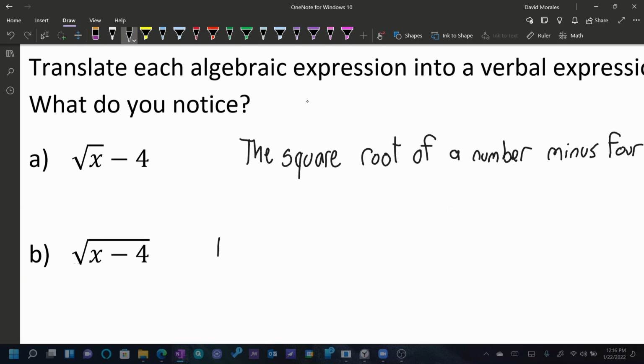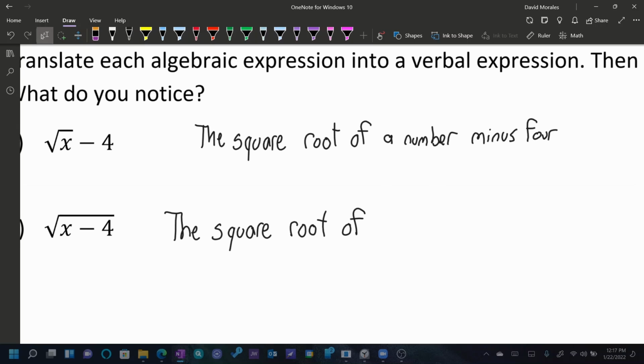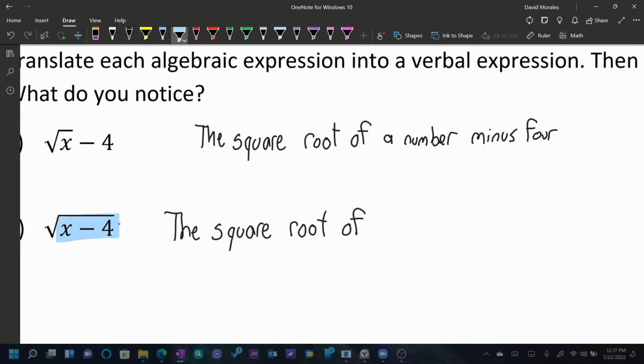The square root of, okay, and what is my first participant? Well, actually, my only participant is a group that is having a difference. That's my only participant, as you see here, is the x minus 4. So I'm gonna initiate with the square root of the difference of.